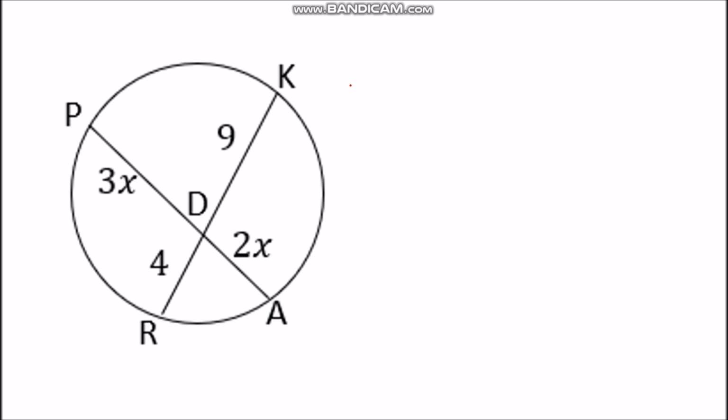Another one is, let's say we have this circle wherein segment PA or chord PA intersects with chord KR.